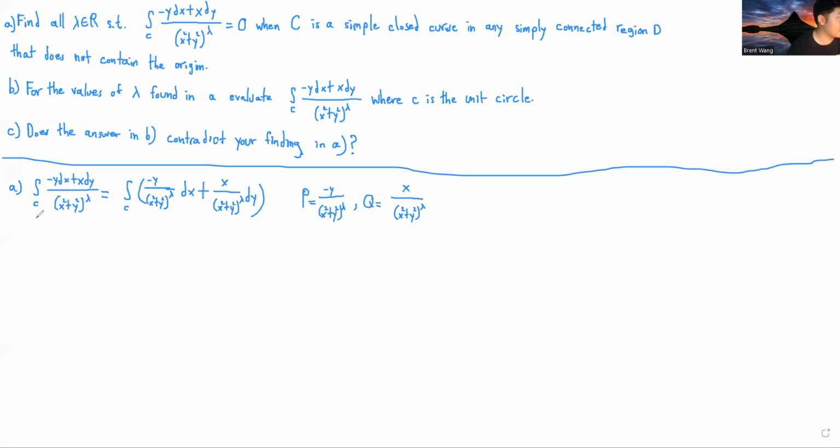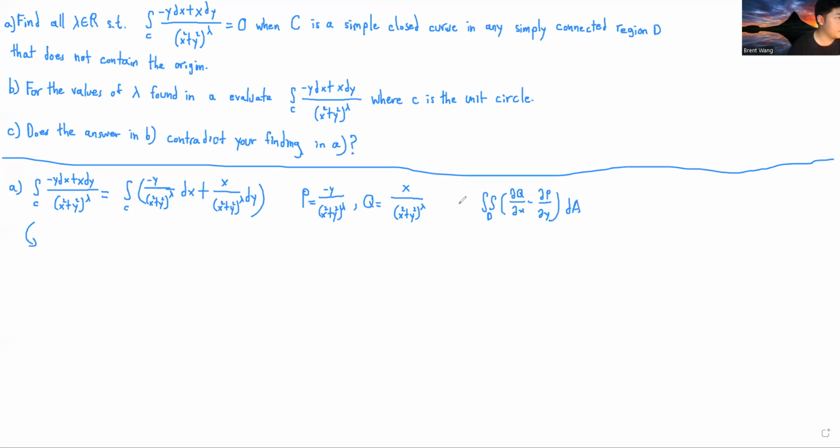So then we can simply recall that formula, the one we're going to be using: partial dQ/dx minus partial dP/dy, dA, okay? This is what we're using.